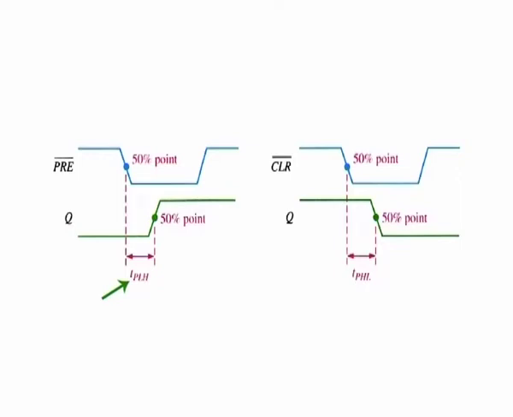This delay is illustrated in part A of the figure for an active low preset input. Fourth, propagation delay TPHL as measured from the leading edge of the clear input to the high to low transition of the output. This delay is illustrated in part B of the figure for an active low clear input.